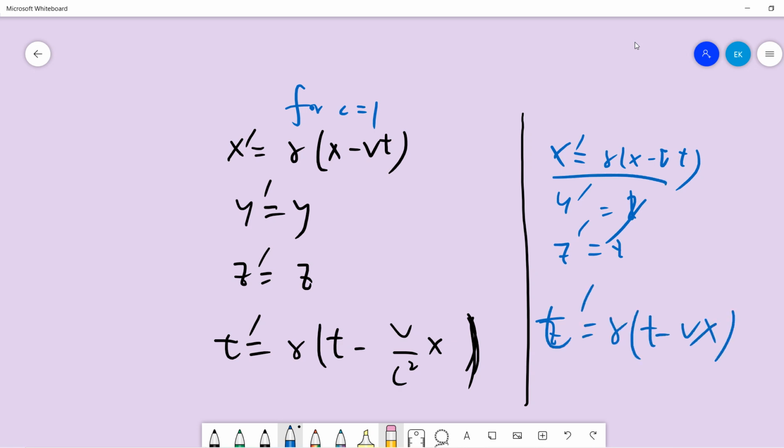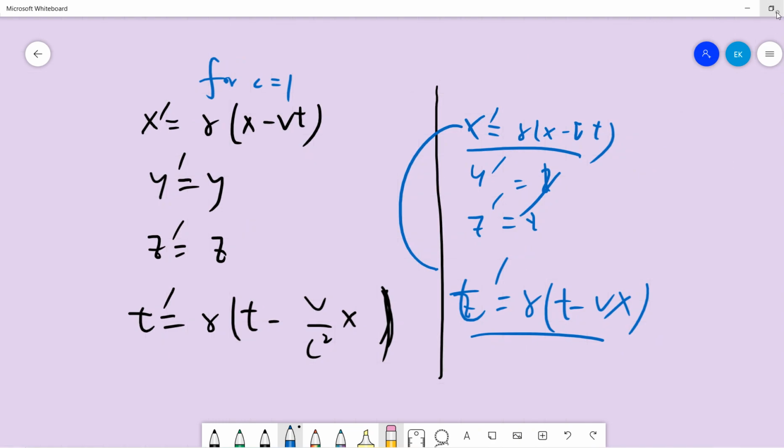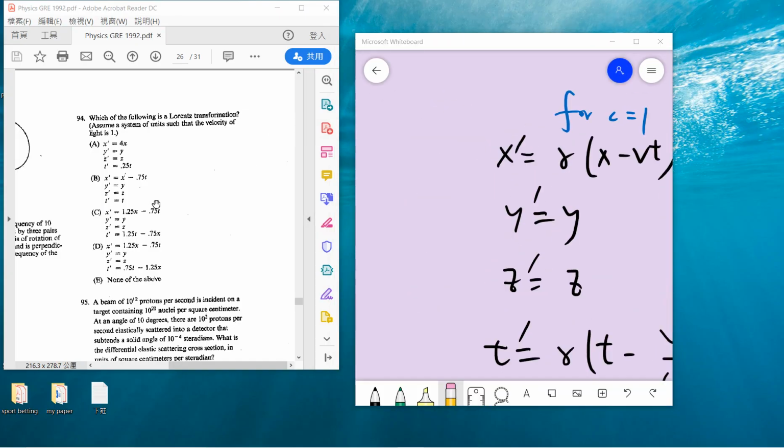You see these two are basically the same if you flip x and t. This is the key point. When you flip x and t, these two should be the same, and the remaining one should flip. So which one is correct? A is not correct. B is definitely not correct. So C, when we change x and t, becomes the same. So the answer is C.